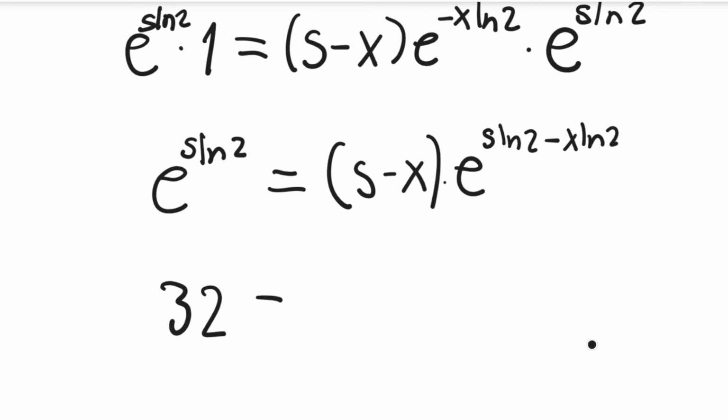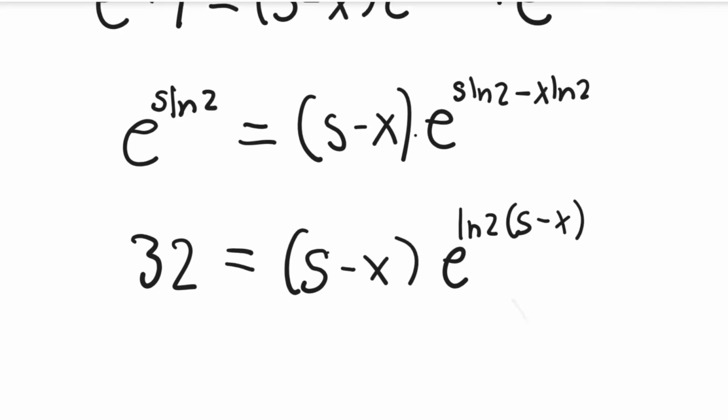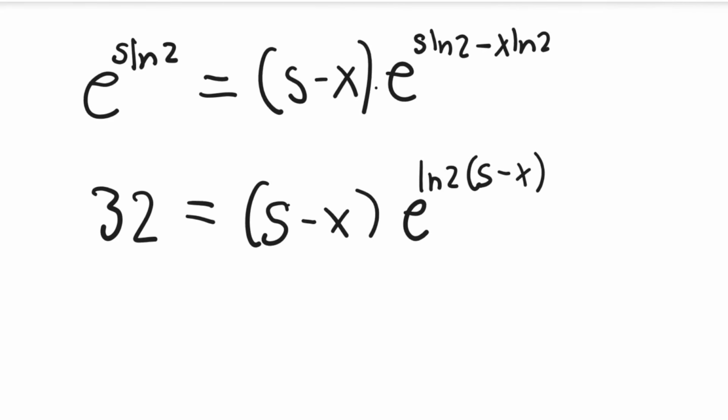Now, on the right hand side, we got 5 minus x times e to the power of natural logarithm of 2 times 5 minus x. And we are almost there. As you can see, we are closer to something that resembles a times e to the a in order to get the argument itself.